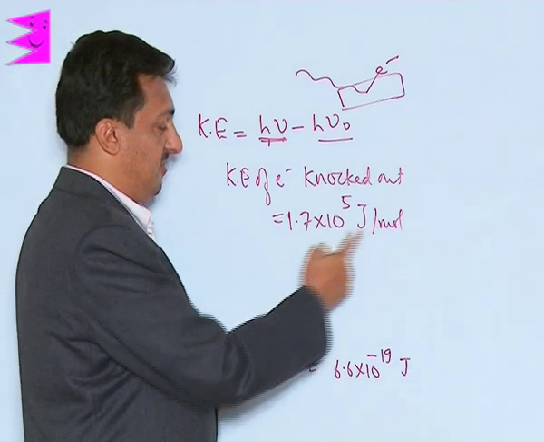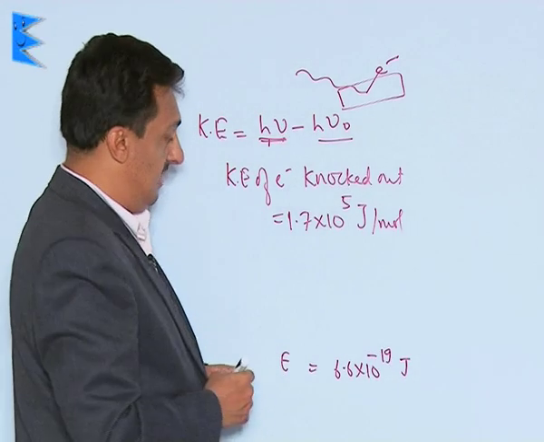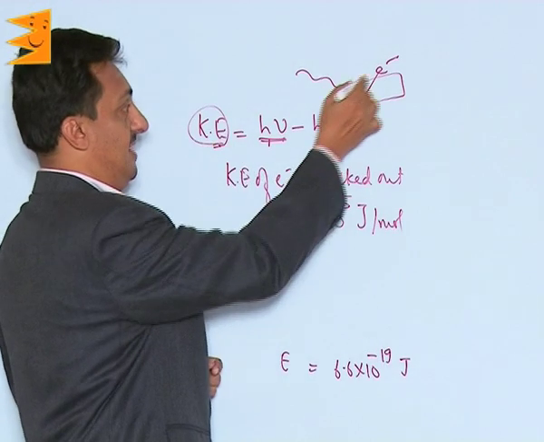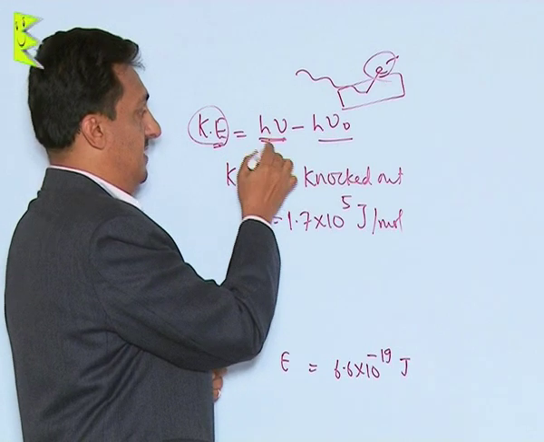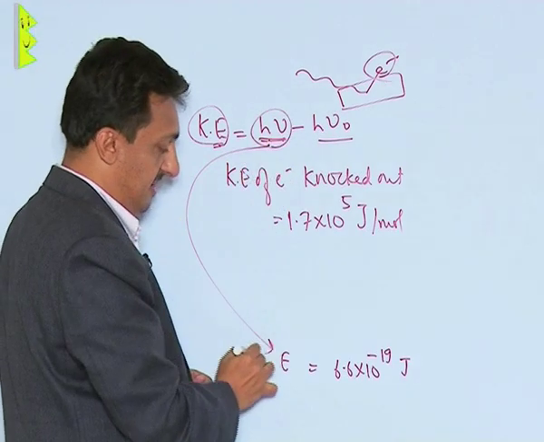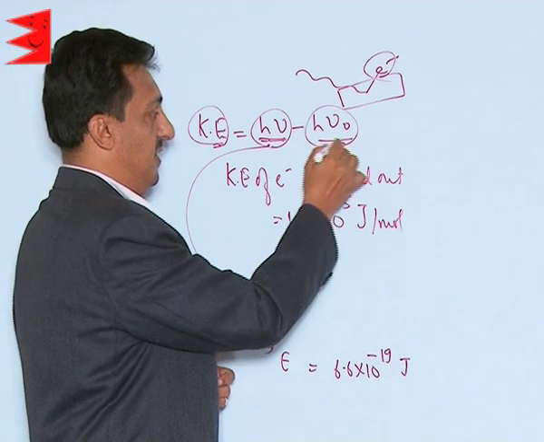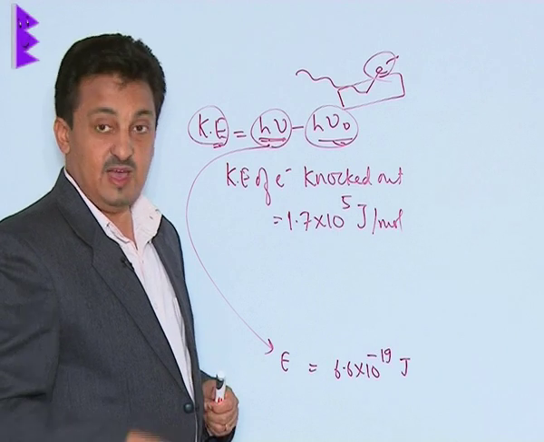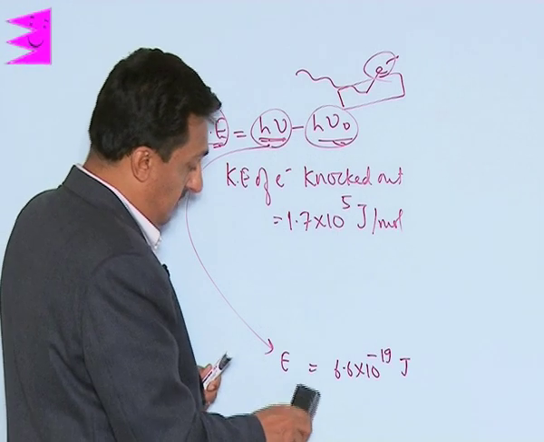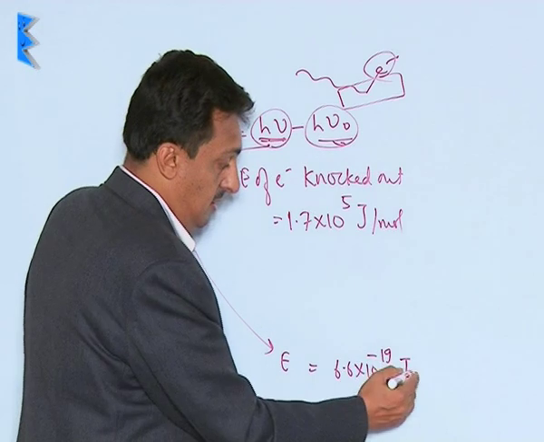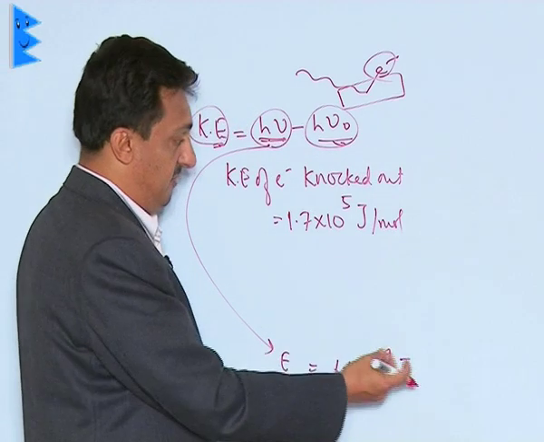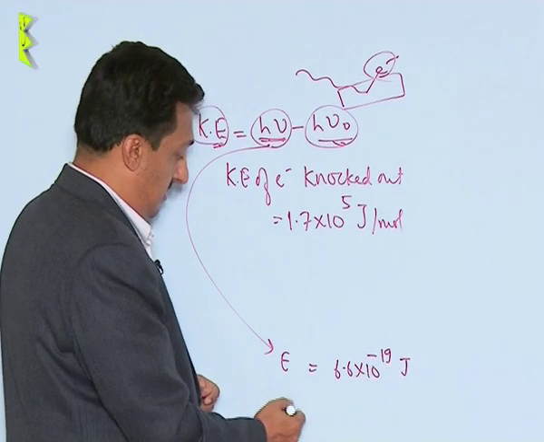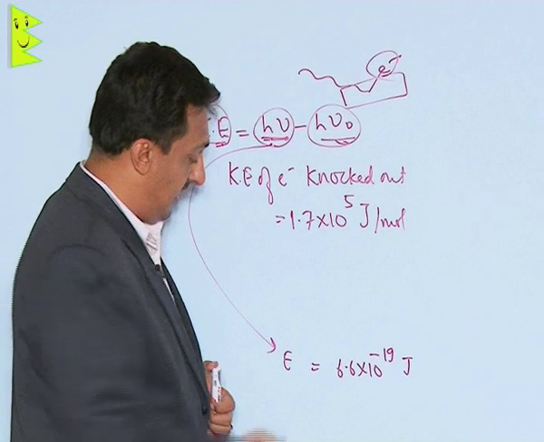So for 1 mole of electrons it is this much, and this is the kinetic energy with which the electrons are knocked out. Now the energy of the incident radiation is this much. So we can find the work function, which is the difference of the two. But the problem is that we have to convert this energy, which is for 1 photon or 1 electron, into moles. This can be converted into moles by multiplying it by the Avogadro number.